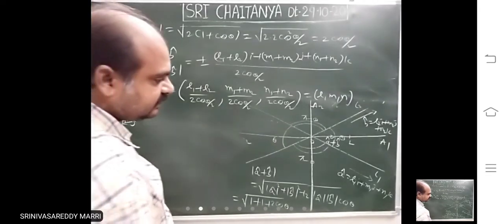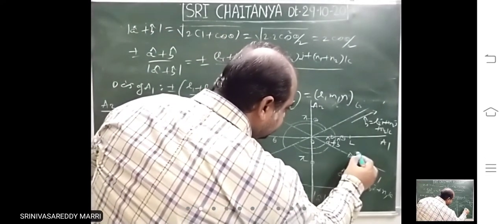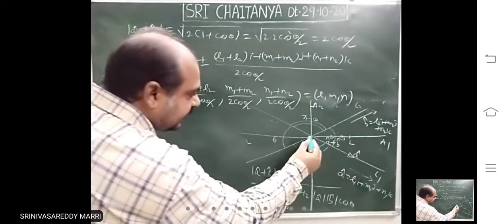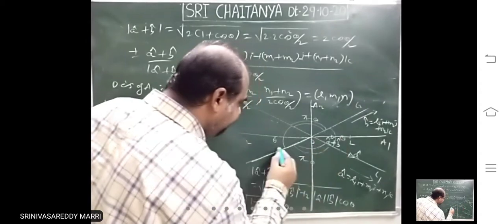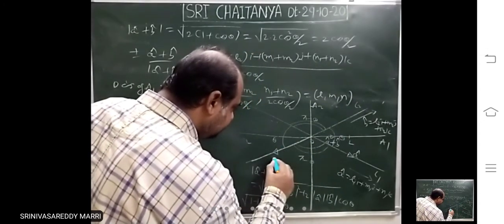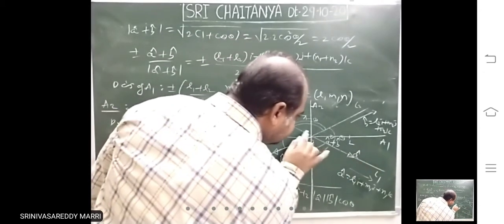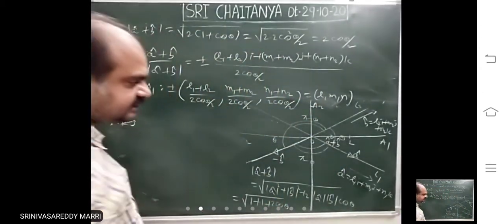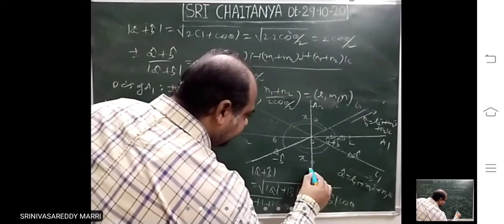Look at this: in this direction A cap is there, and in this direction B cap is there. Therefore, in this direction it is minus B cap. This arrow is A cap, and this arrow is minus B cap.